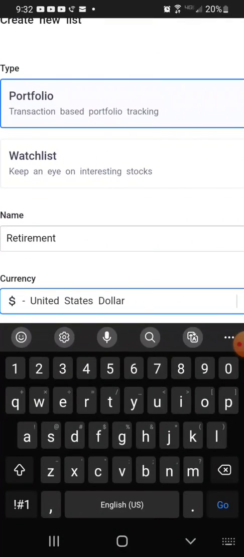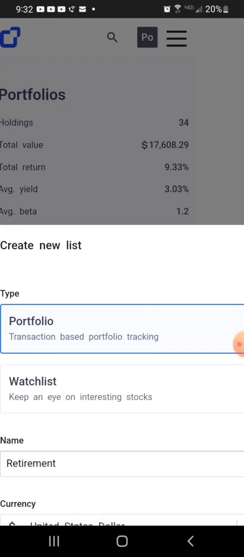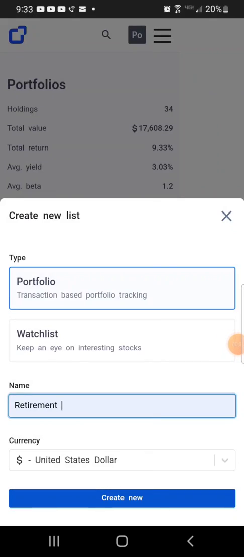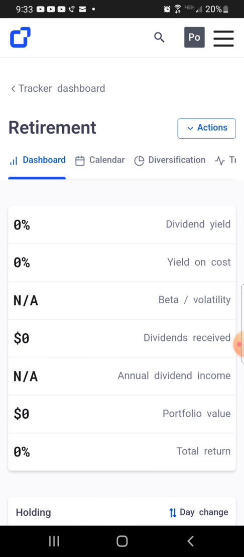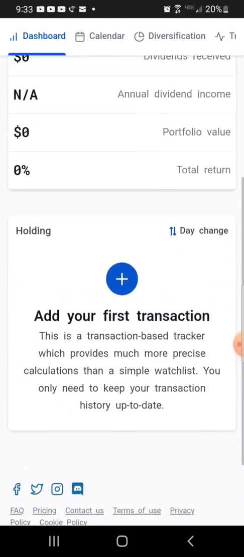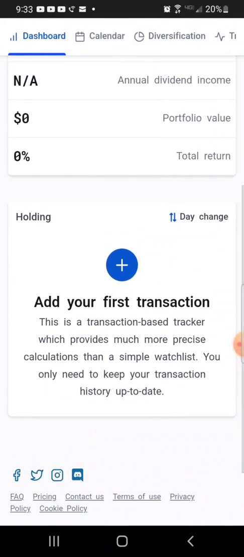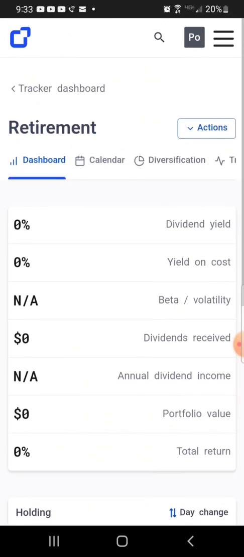Type of portfolio: you can make it a portfolio or you can make it a watch list. And now I'm going to hit create new. All right. So once we get there, you see I have 0 yield, 0 cost, and it says add your first transaction. So I'm going to be adding some stocks to this portfolio as we go along.